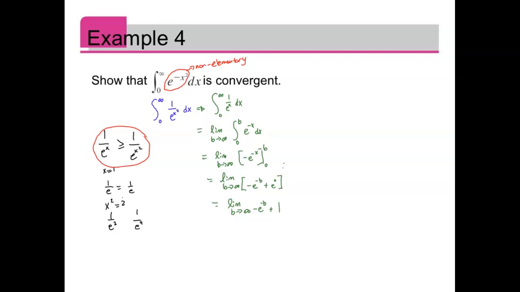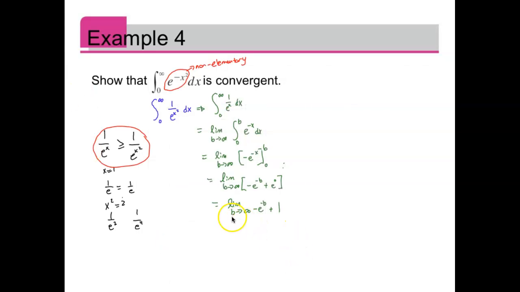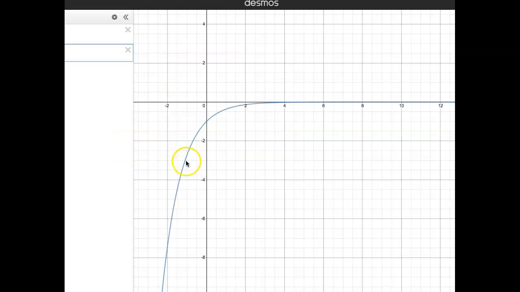All right, well, let's look at the graph of negative e to the negative x so that we can kind of evaluate that limit. And so remember what I'm doing, I'm letting my input approach positive infinity, right? So when you look at this graph and my x values approach positive infinity, does it look like your y values are approaching something? 0, right?